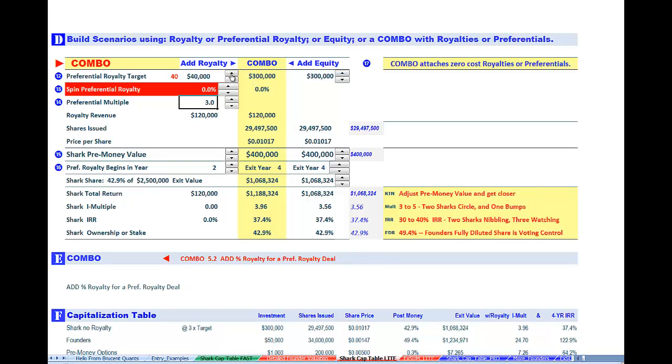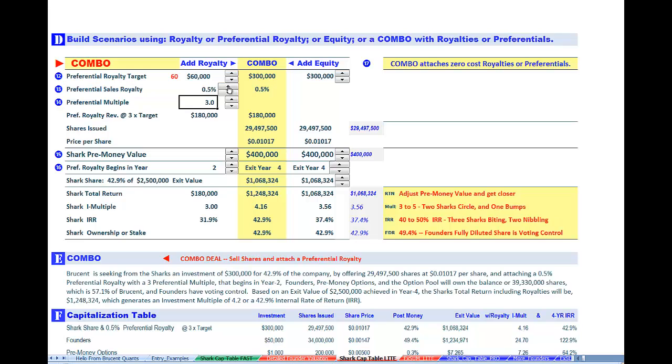The target is going to be whatever you want it. Maybe $60,000 is a good number. And then we're going to spin in the preferential royalty from whence these numbers will come. In other words, you have to have a royalty to pay out a royalty. So give them a 5% royalty, and the total is the preferential revenue, which is, of course, 3 times the $60,000 coming out of a 5% royalty.